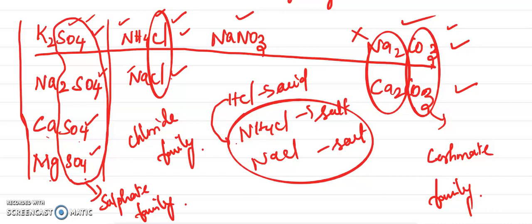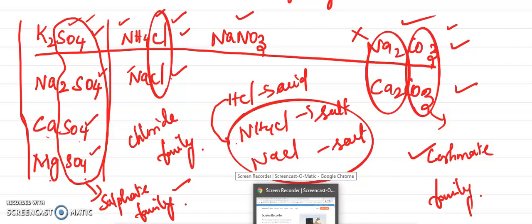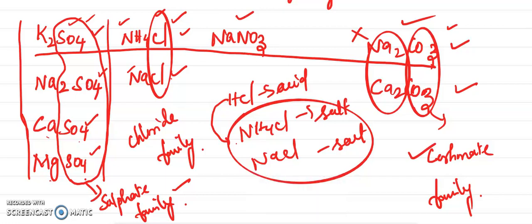The acidic radical will be common, otherwise the basic radical will be common in the salt. So you can come to the conclusion: this is chloride family, this is sulfate family, this is carbonate family. This is the way we identify the family of salt in the given example.